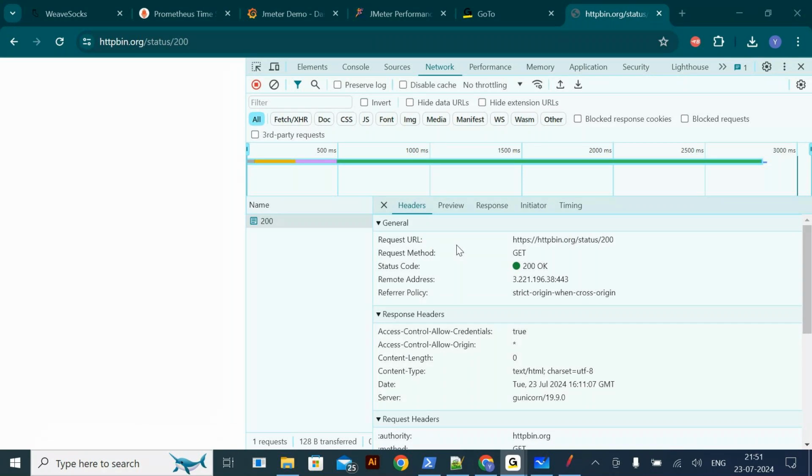But for scripting and correlation, yes, you need to understand the concept of private and public keys, especially if you want to record an SSL based application. We will see how you handle it in JMeter.